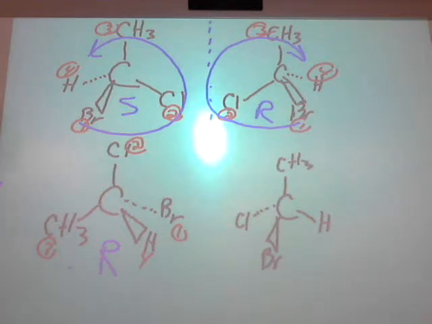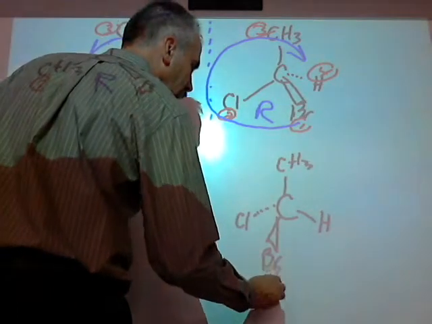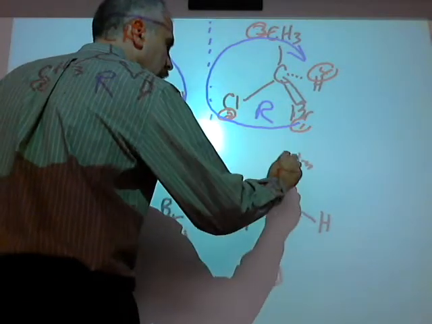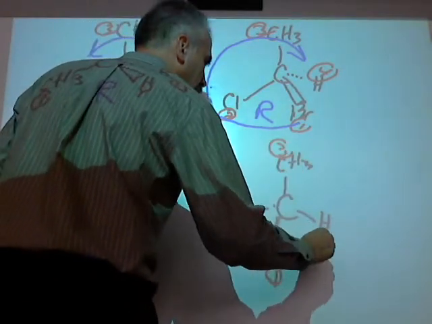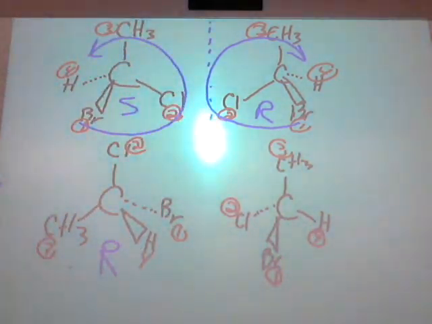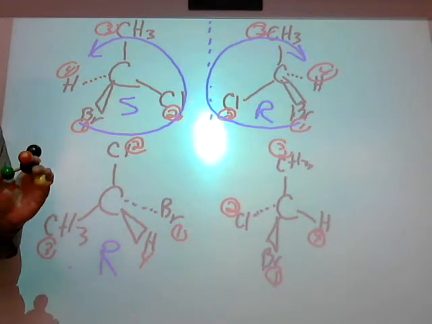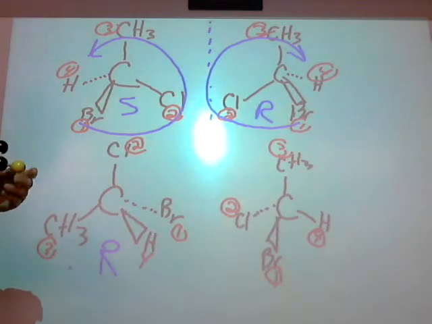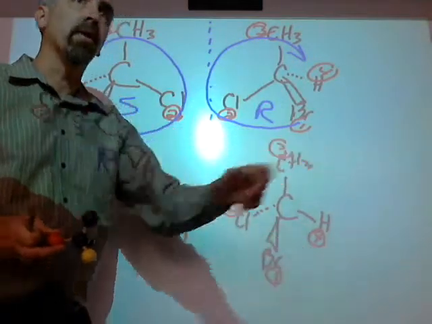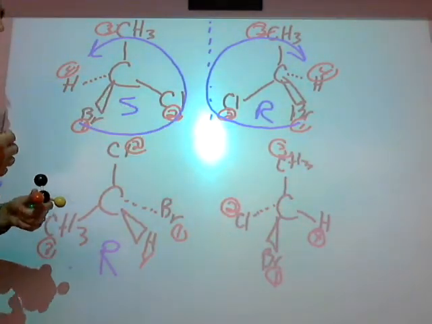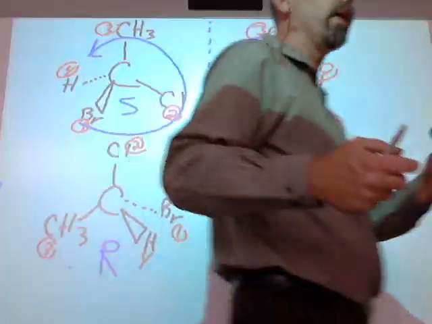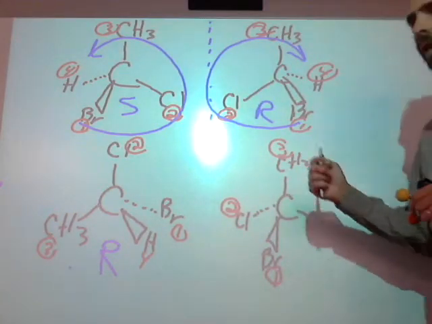Let's look at the priorities. I've got 1, 2, 3, and 4. Okay? This guy, the lowest priority bond, is facing that way. So I've got to get myself on this side of the molecule. All agreed? I'm not going to look at it from over this side. I'm going to look at it from this side.